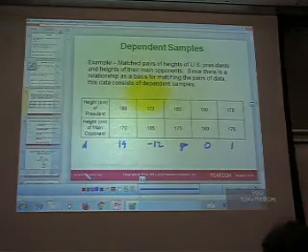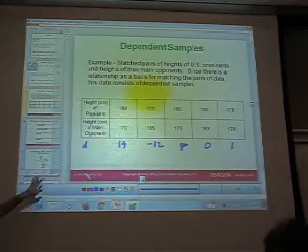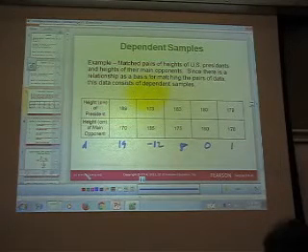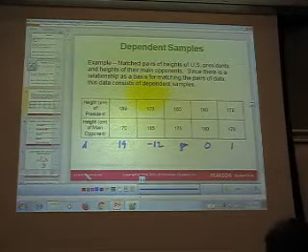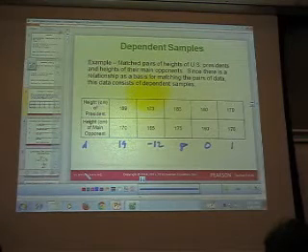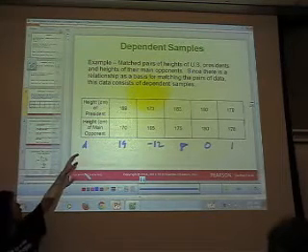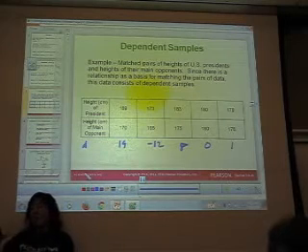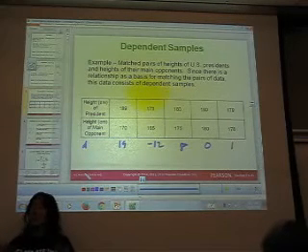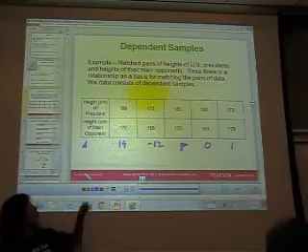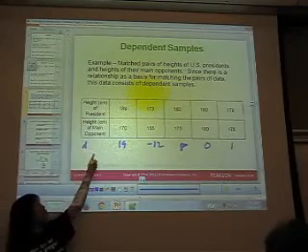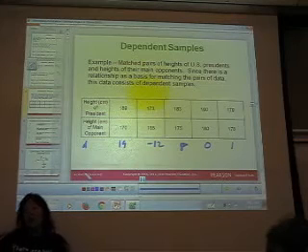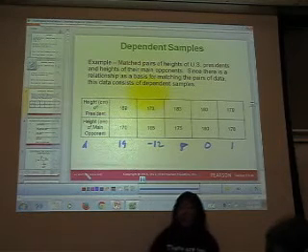So that's stuff about the lists. Back to dependent. There's two things that are kind of weird about dependence. One is that the H0 and the H1 are all about the differences. Think of it like mu1 minus mu2. If you're saying that the first one is bigger than the last one, then mu d, the differences, is greater than 0.